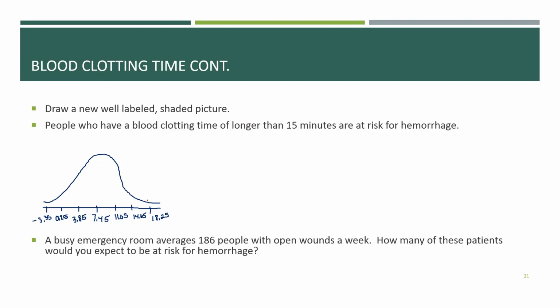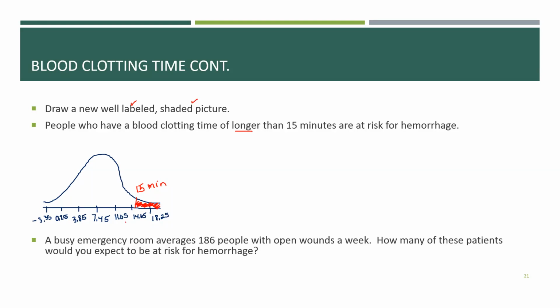So I'm looking for 15 minutes on here, which would be a little above the 14.65. About here, 15 minutes. And it's saying longer than, so I want to shade above 15 as my area. So now I have both a well labeled and shaded picture.